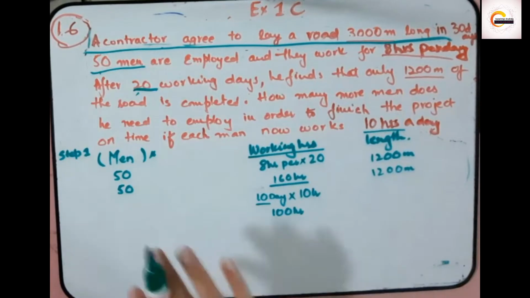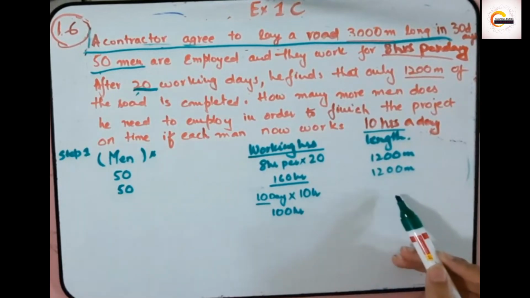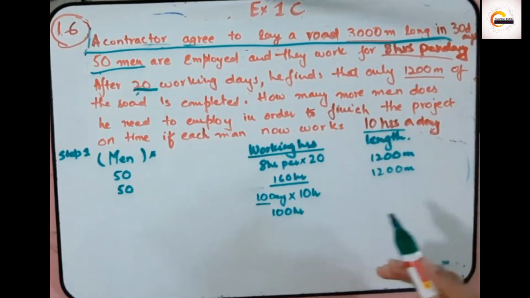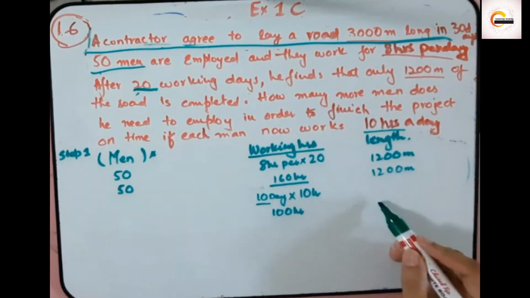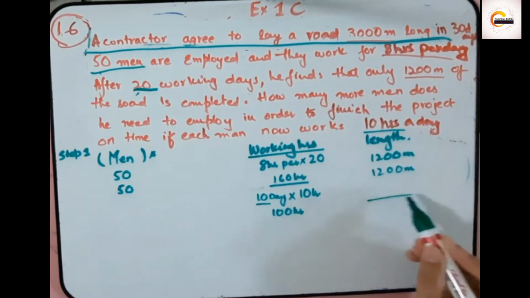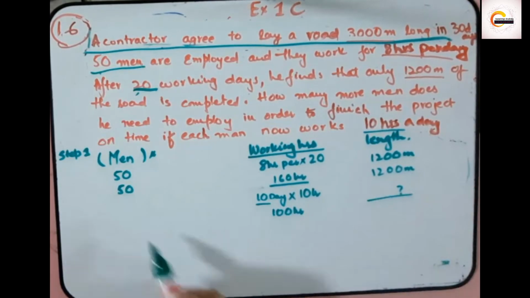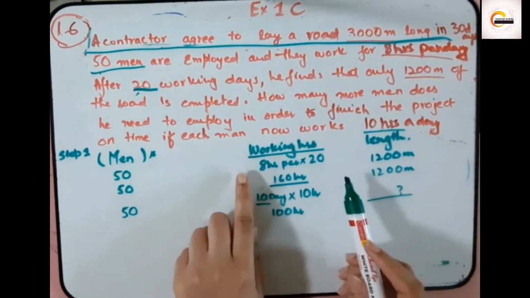What would be the length of the road? Okay, we don't know this thing. So let's see. I'm keeping this variable constant. This is the working hour.